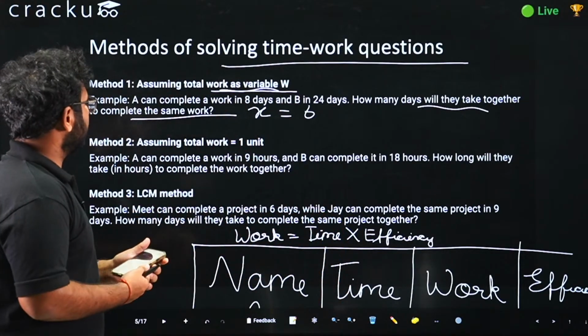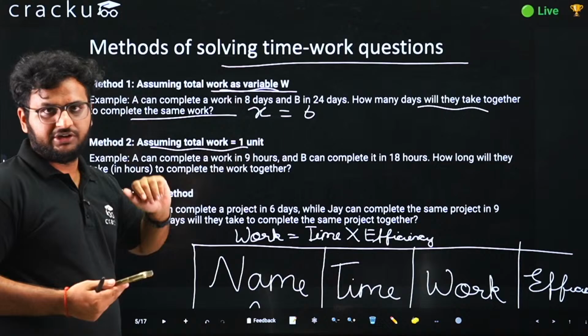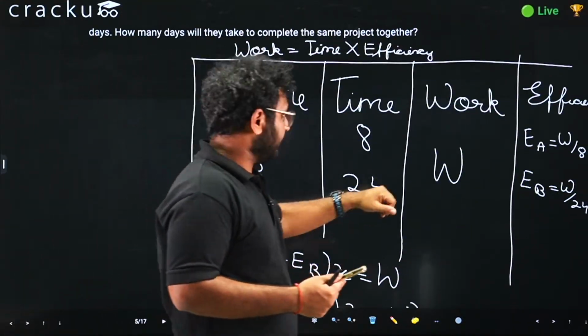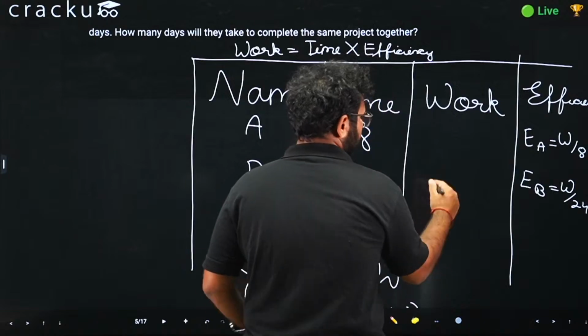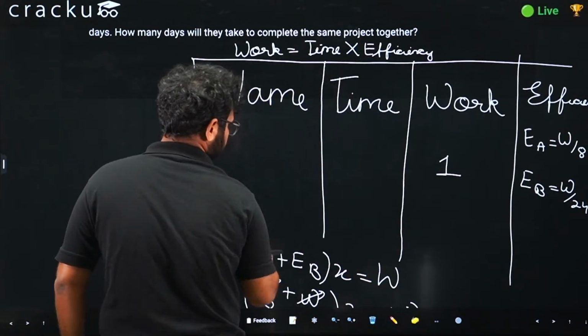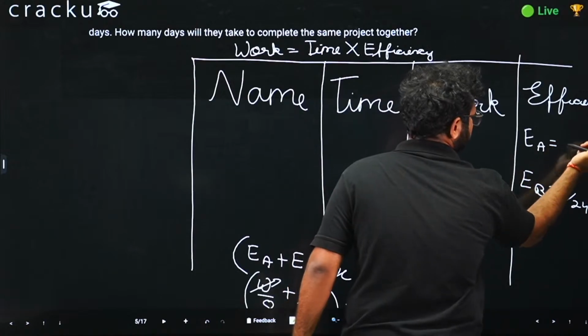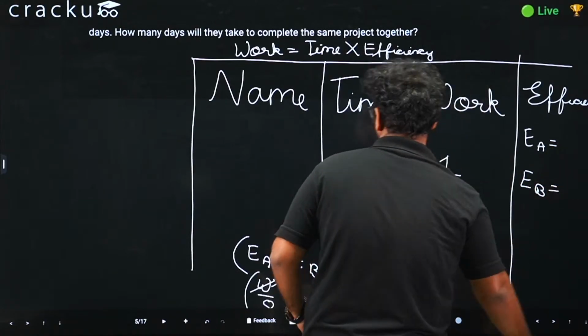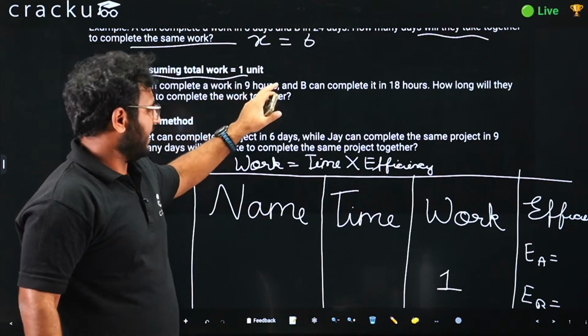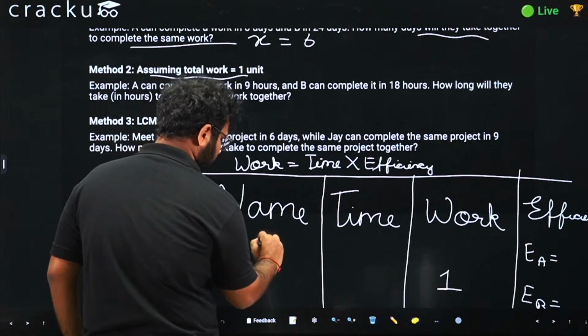Now let us assume the total work to be 1 unit. Instead of W, the total work is 1 unit. A can complete a work in 9 hours, so write A here.